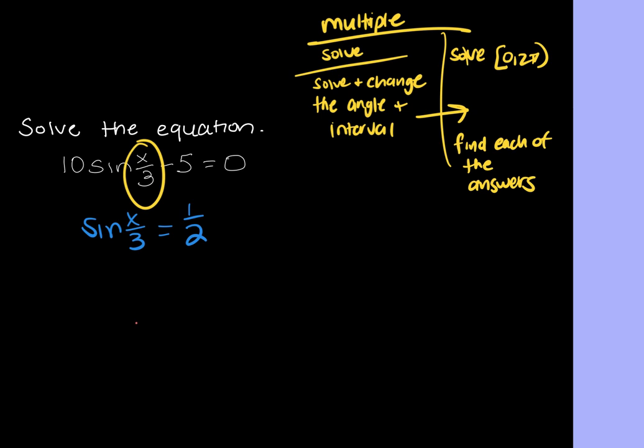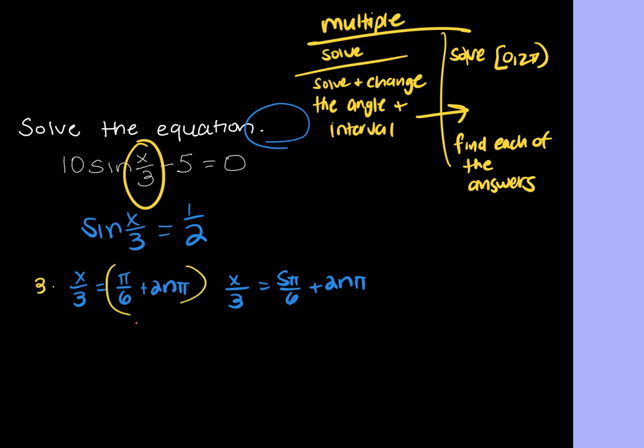And then I would go to my unit circle. Notice the interval is not on this. I'd find where sine is 1/2, and that is at pi over 6 plus 2n pi, and at 5 pi over 6 plus 2n pi. And then I would multiply everything by 3.